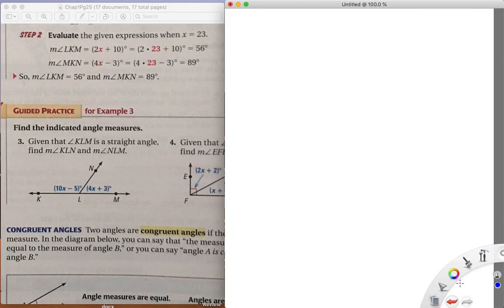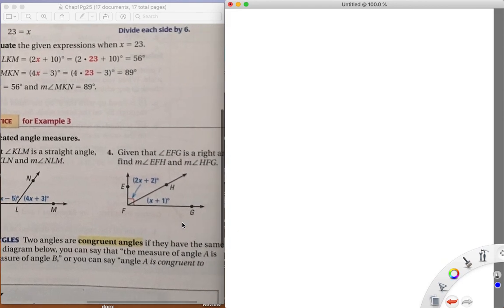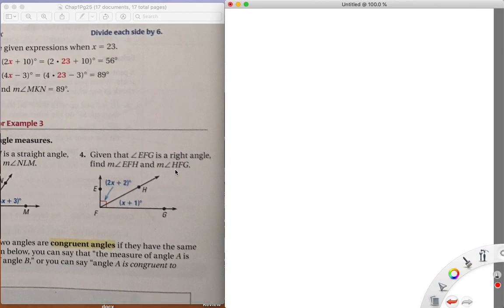Okay. For number 4, they give me angle EFG equals 90 degrees.